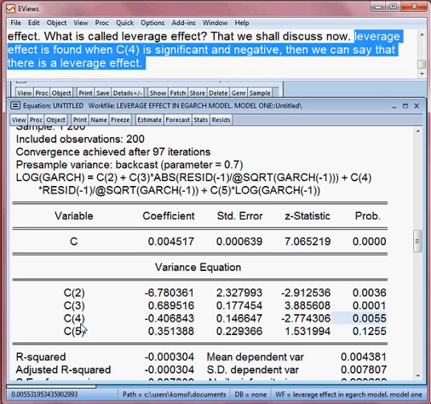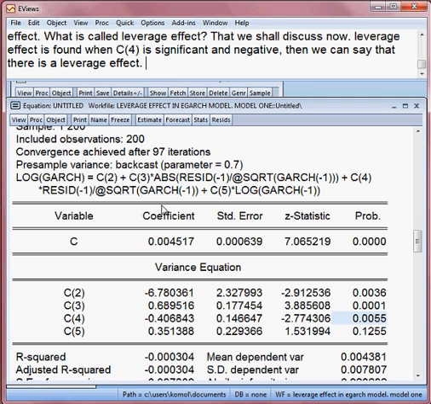So C4 has a negative sign and it is significant, meaning that there is a leverage effect, right?